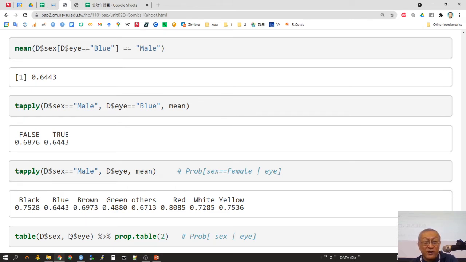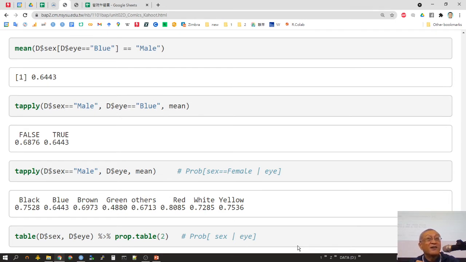So even though it's just 64% of blue eye color that is male, its base is much larger than the base of red color, isn't it? So when you do this, you are not comparing the numbers, you are comparing the fractions. That is the thing that we want to distinguish.